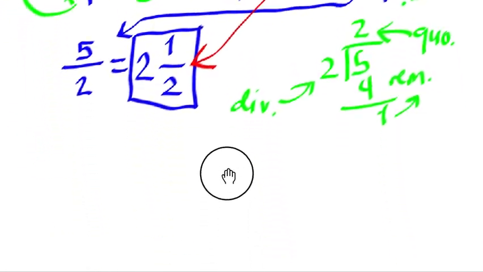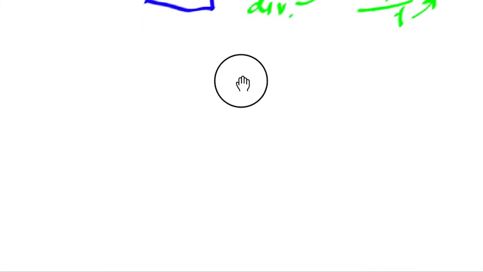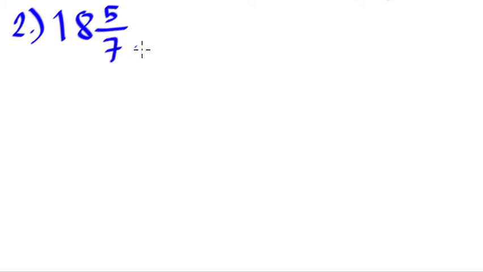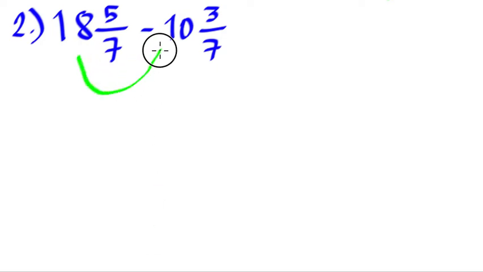For number two, let's give it another page. Now for number two, let's have 18 and 5 over 7 minus 10 and 3 over 7. What we're going to do is subtract the whole numbers separately from subtracting the numerators.